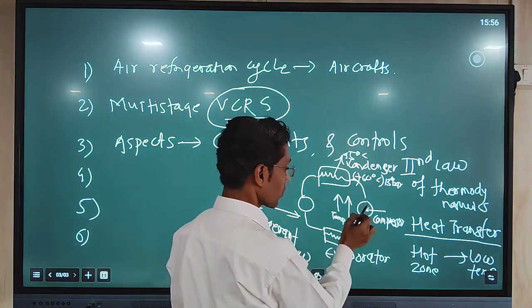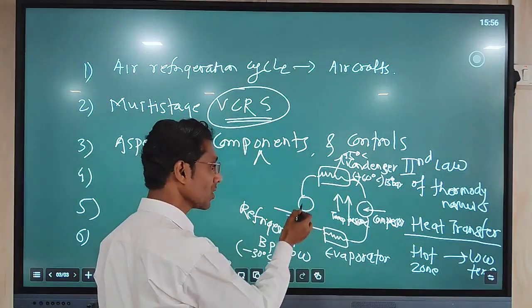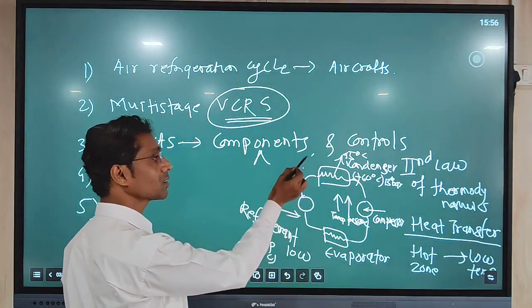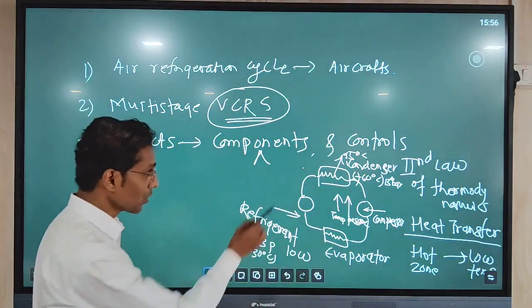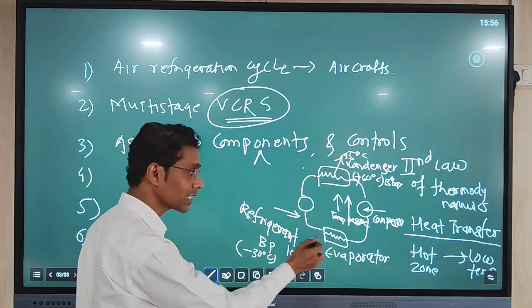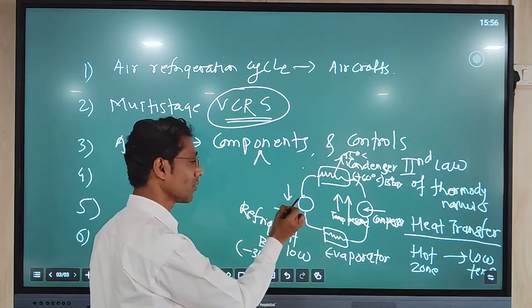So here in the condenser, heat is rejected and that refrigerant again we have to use. But that refrigerant is at a temperature above atmospheric. We have to bring the temperature of that refrigerant down to this level for the next cycle for the absorption of heat. So that is why we have this device.